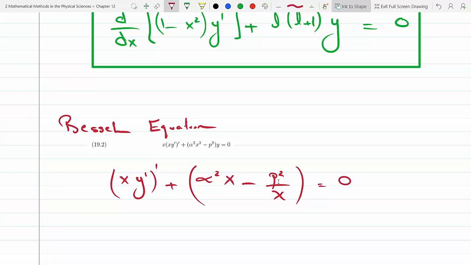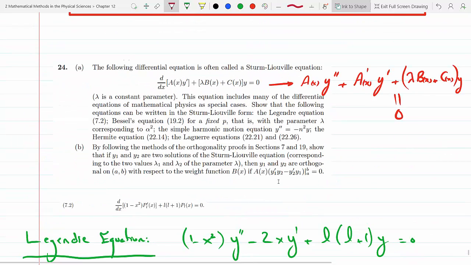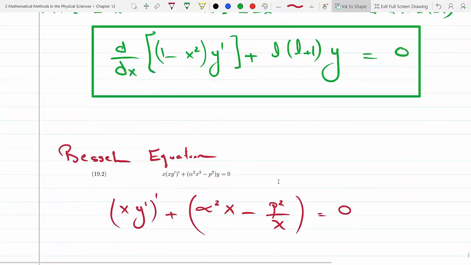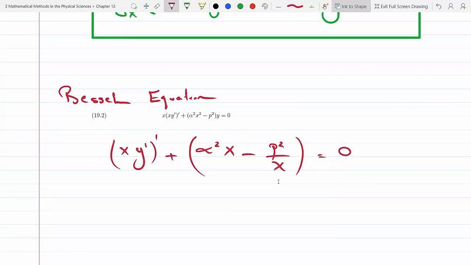I can compare this to the Sturm Liouville equation that's in the question. We can clearly see that what multiplies y prime is a(x), so in this case a(x) is equal to x.